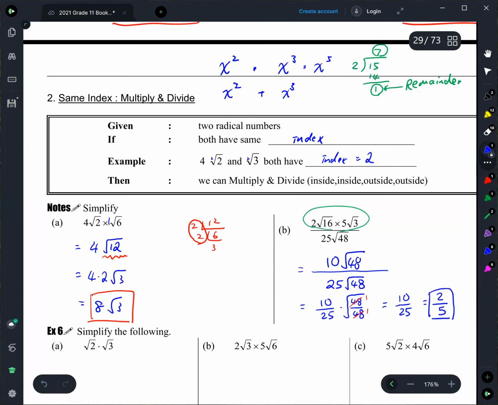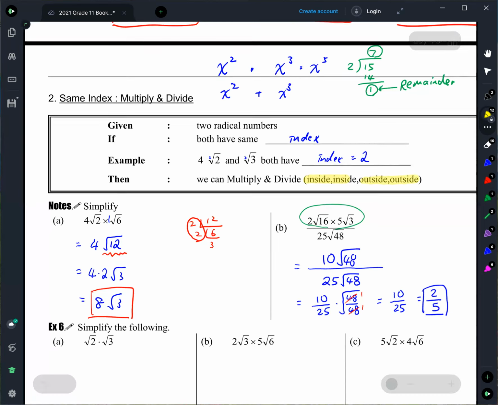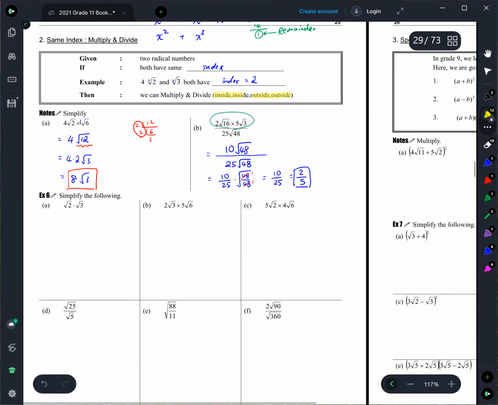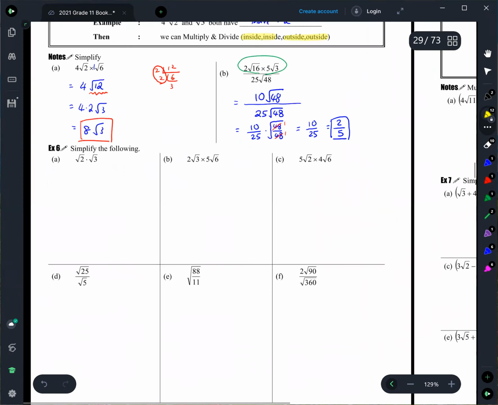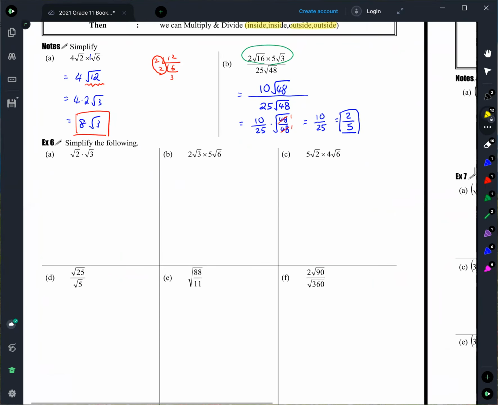So the general rule is if you want to multiply and divide, make sure your indexes are the same. And then you just do inside with the inside, outside numbers with the outside numbers. And make sure you simplify, double check if the radicand can be simplified any more. So let you try these 6 questions, okay?